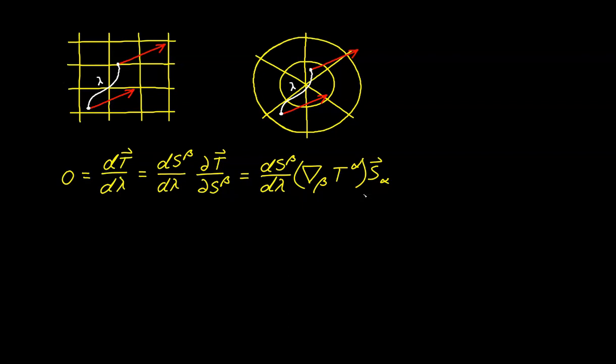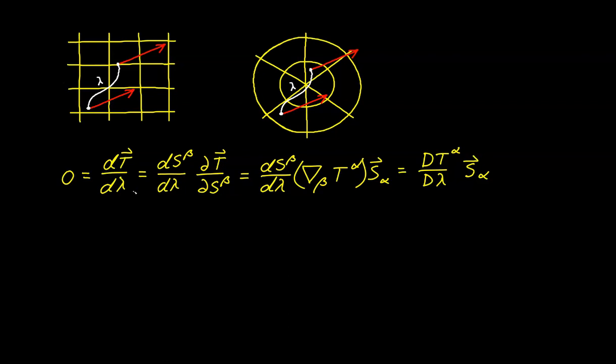Well, if all of this seems very familiar, it should, because everything we've done here is exactly what we did in video number 41 when we were dealing with trajectories. We did the same kind of analysis and wound up defining a new operator called the intrinsic derivative. So we'd have this kind of expression, d lambda times s alpha.